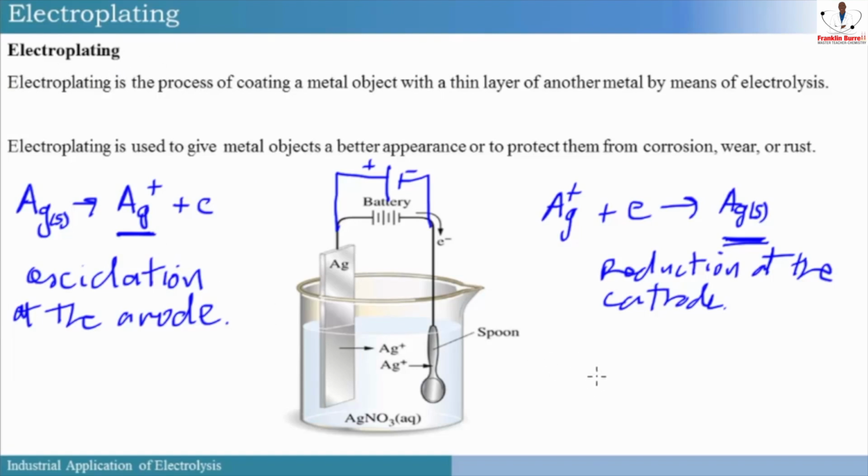Suppose we want to electroplate a chain, and that chain might be silver or a piece of wire, and we want to electroplate that wire chain or silver chain with gold. Then that chain must be placed at the cathode, while the gold is placed at the anode. We must use gold nitrate as our electrolyte because it is active.